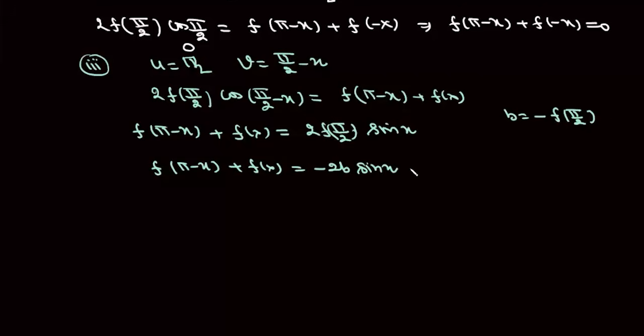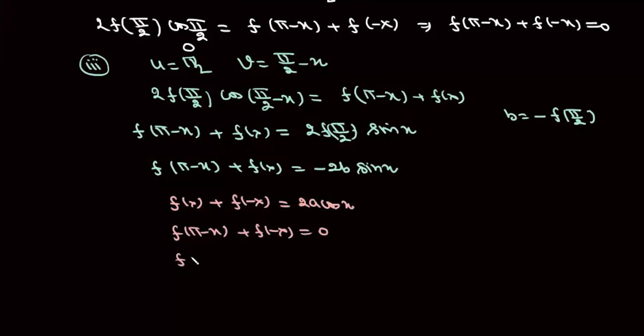Now we need to prove f(x) equals a cos x - b sin x. So we already have three equations. First equation is f(x) + f(-x) is 2a cos x. Second equation is f(pi - x) + f(-x) is 0.